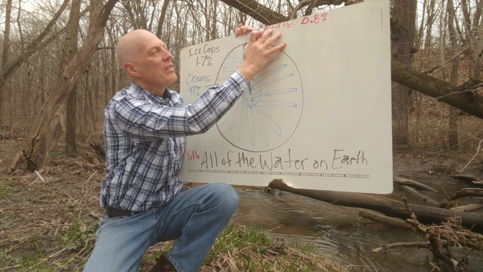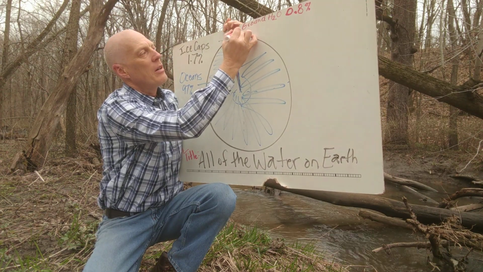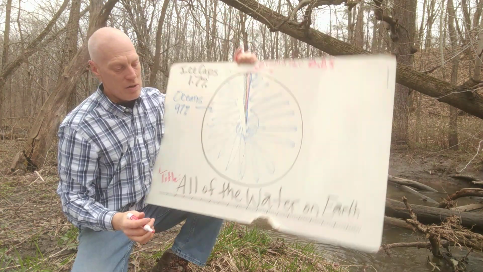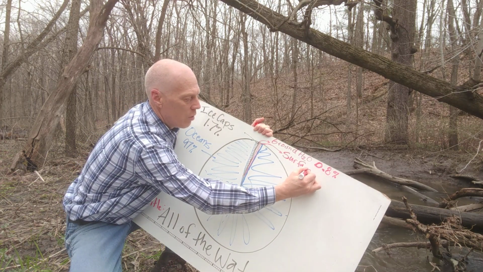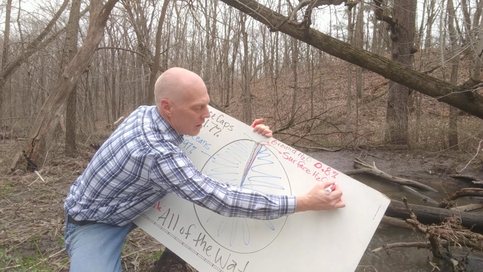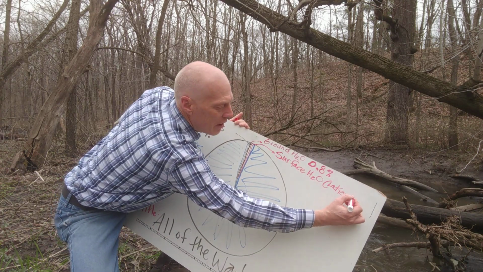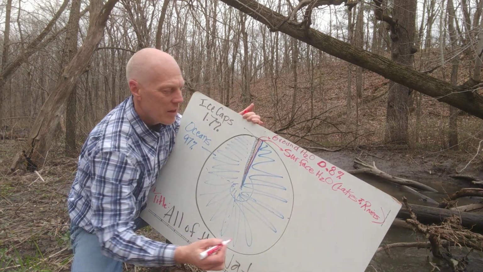All right, the second little sliver right there, let me put these a little bit better. Okay, that's going to be surface water. So that's lakes and rivers. Surface H2O. And if you want, you can put in lakes and rivers, things like that.